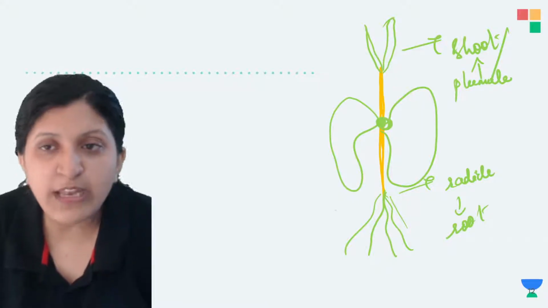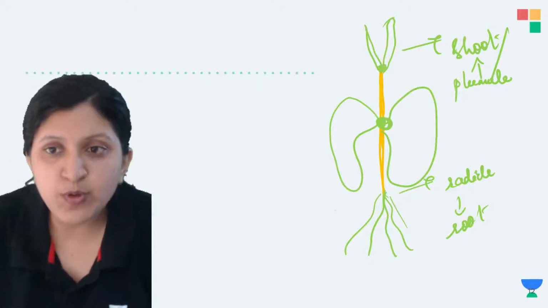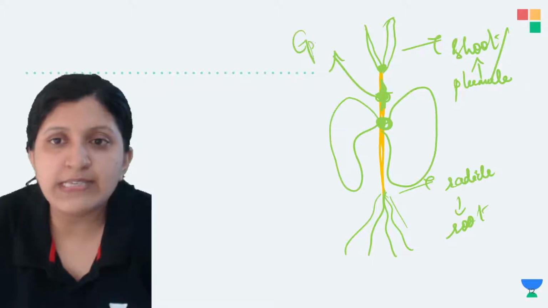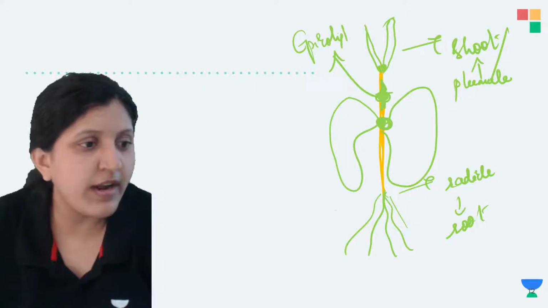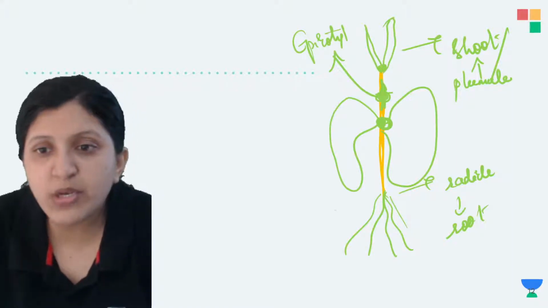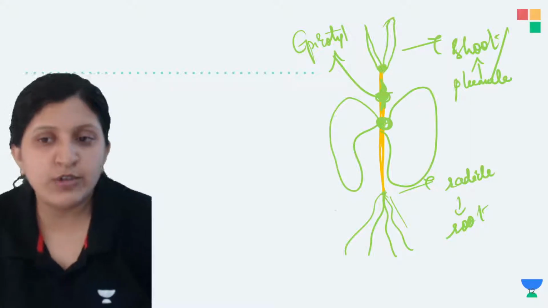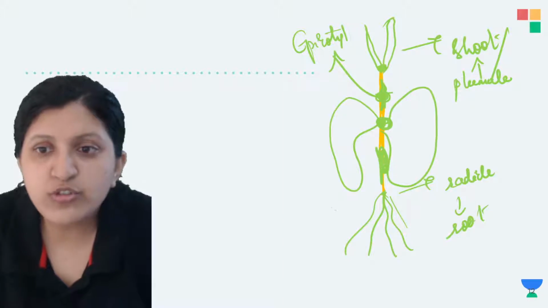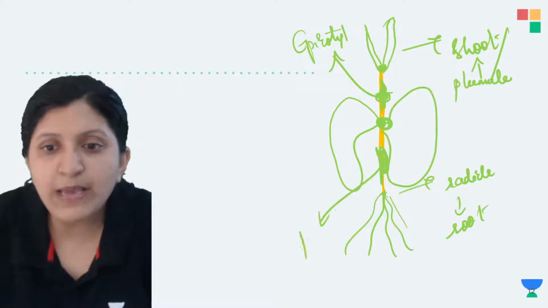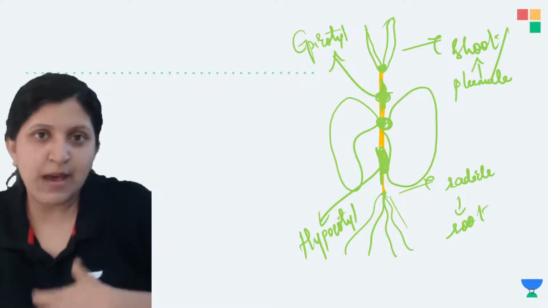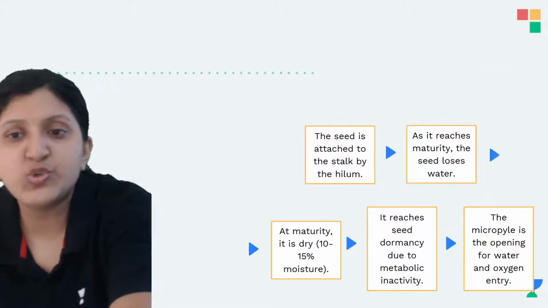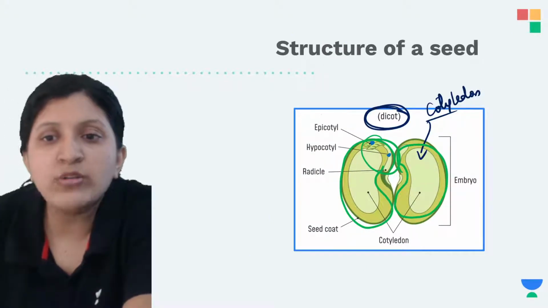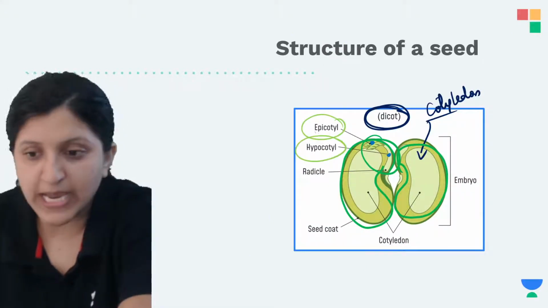Between this embryonal node and the plumule, this region can be mentioned as the epicotyl region. And the region between the radicle and the embryonal node or axis can be called the hypocotyl. So the hypocotyl is below the cotyledon, and the epicotyl is just above the cotyledon. So this is about the epicotyl and hypocotyl.